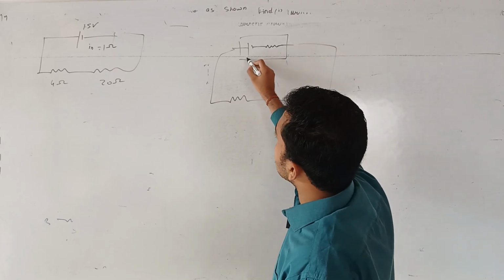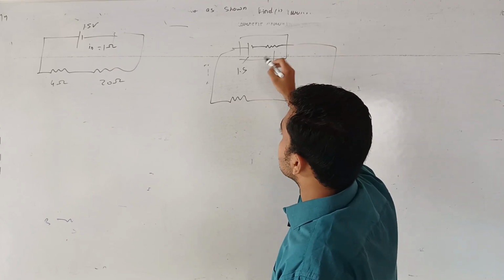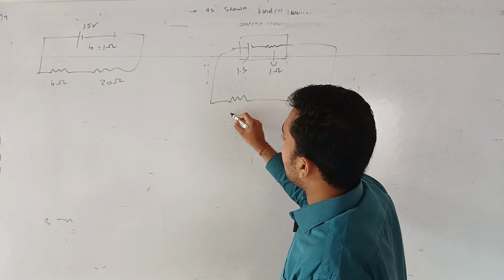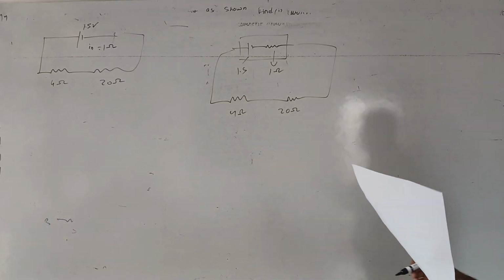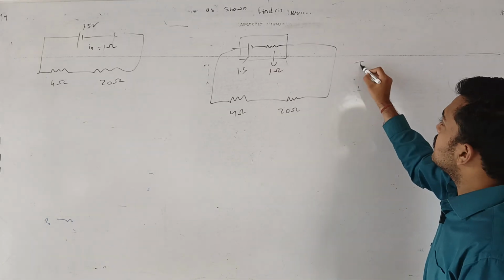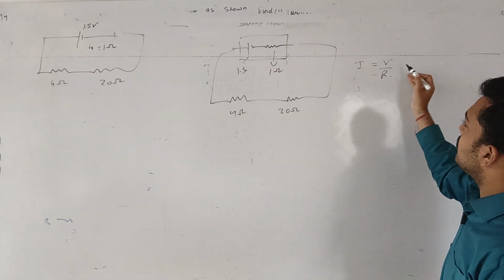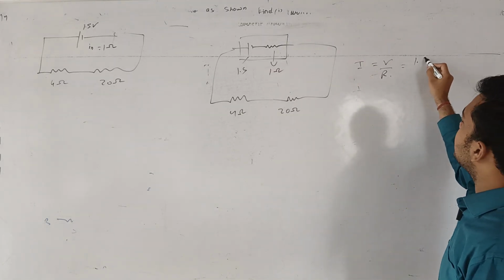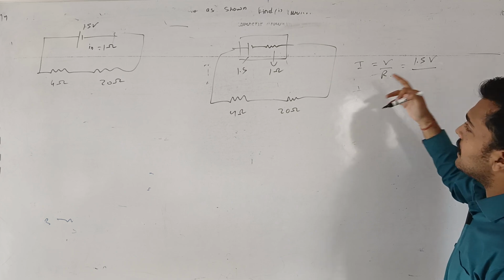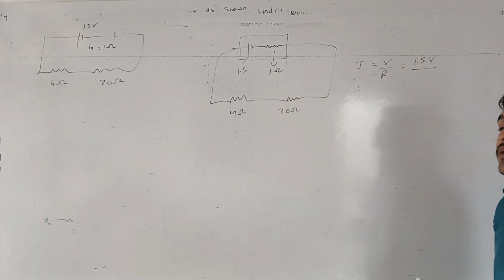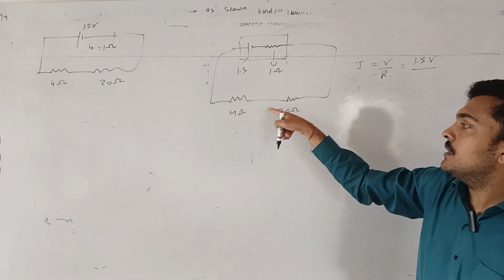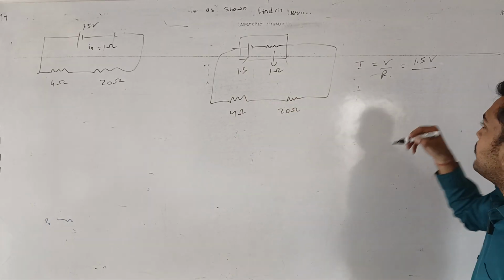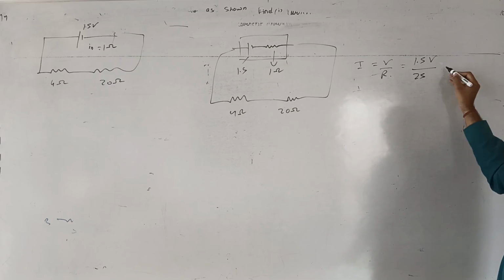So this is the battery of EMF 1.5, this is the internal resistance of 1 ohm, and this is 4 ohm and this is 20 ohm. Now we have to find the current in the circuit. So current is V upon R, where V is 1.5 volt, and R is the total resistance. Total resistance is 1 ohm plus 20 ohm plus 4 ohm in series. So 20 plus 4 is 24, plus 1 is 25 ohm total resistance.